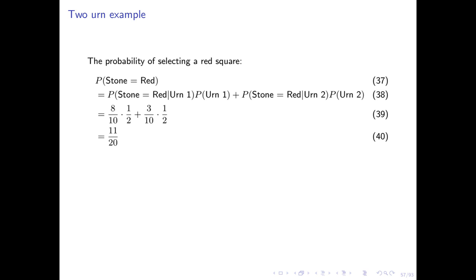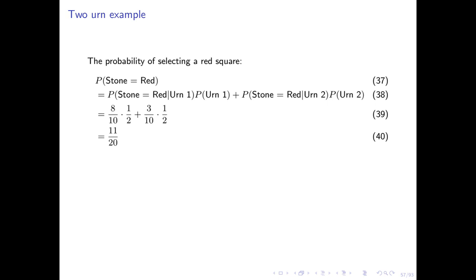The last thing we need to calculate for Bayes' rule is the probability that the stone is red. And so what we're going to do is sum the joint distribution of the stone being red and the urns over all possible urns. So this is what we're doing here.